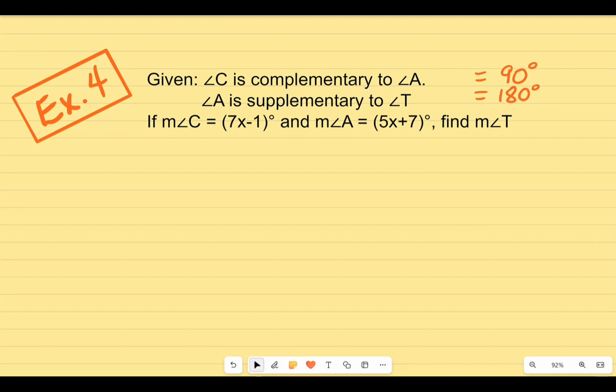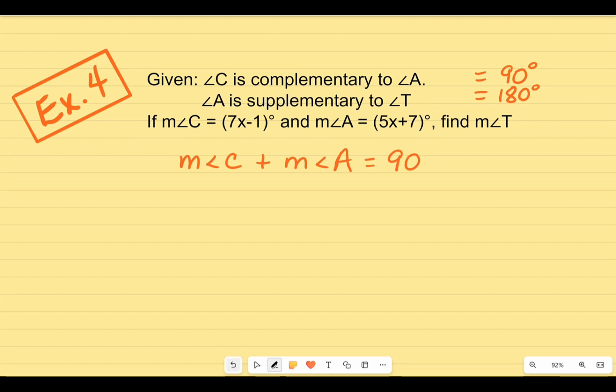And I'm also given information that's going to get me started, which is the measure of angle C. So the measure of angle C, and then I'm going to add it to the measure of angle A. And I know that it's going to be set equal to 90 degrees because it's a complementary angle. So I'm literally just substituting what I know.